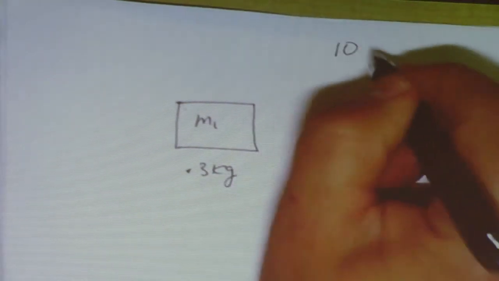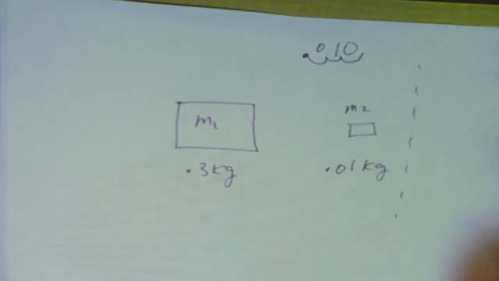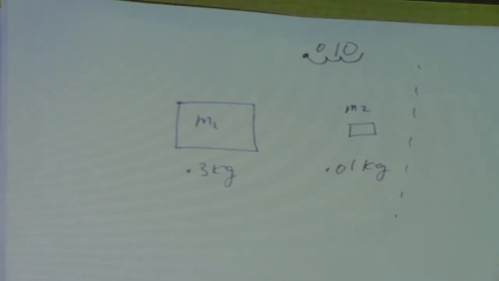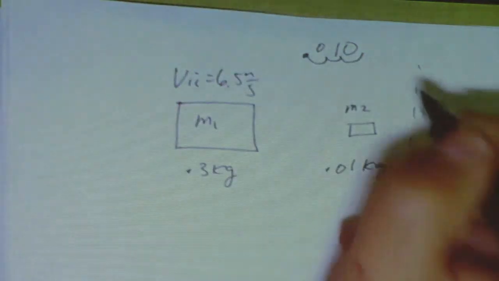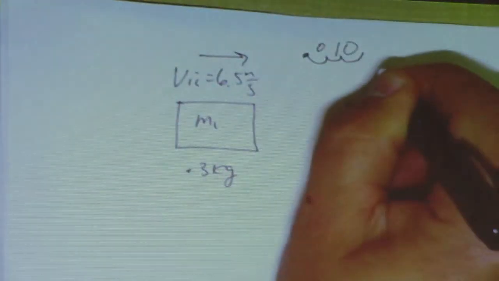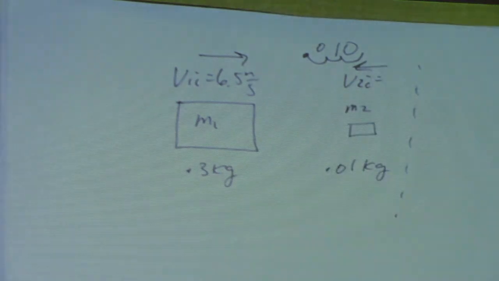Make sure I did that right. Here's 10. 1, 2, 3. Good, so 0.01. All right. The bird is flying initially at 6.5 meters per second. The insect is moving this way, 27.